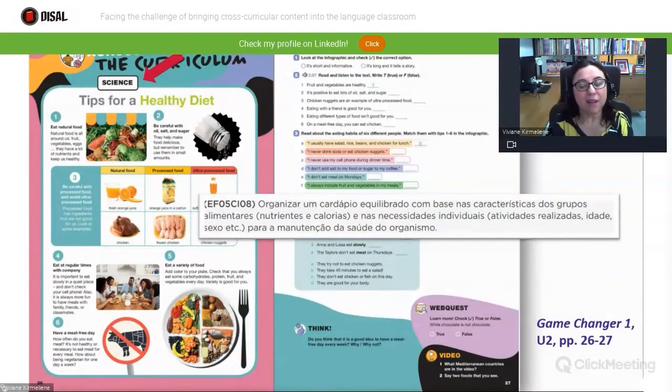In the BNCC, in our national curriculum from 5th grade, you have this skill. They talk about a balanced menu, a balanced diet with the different food groups, different needs, etc. So I knew that students were somehow familiar with the content. So it was not new. Okay, so this is one example. This is a spread in a textbook.